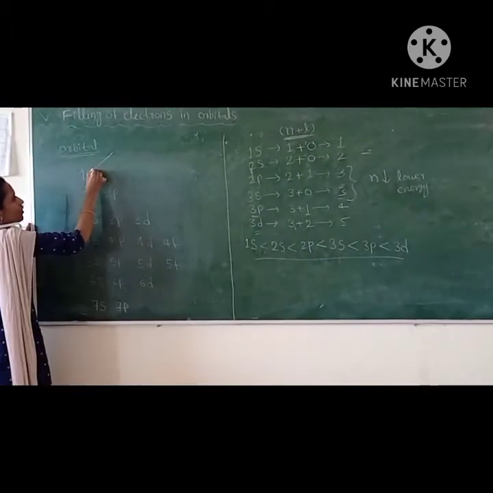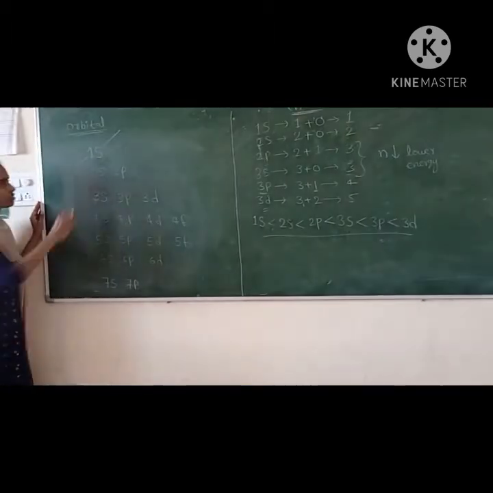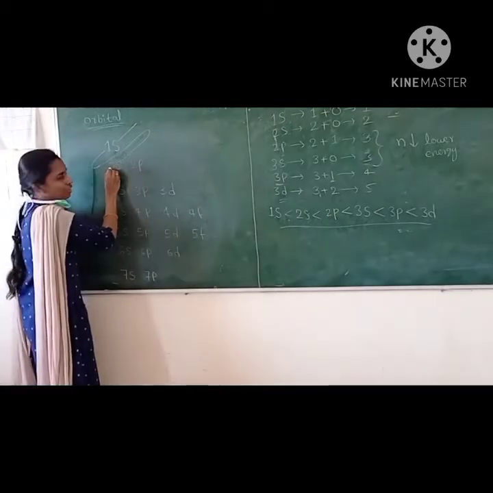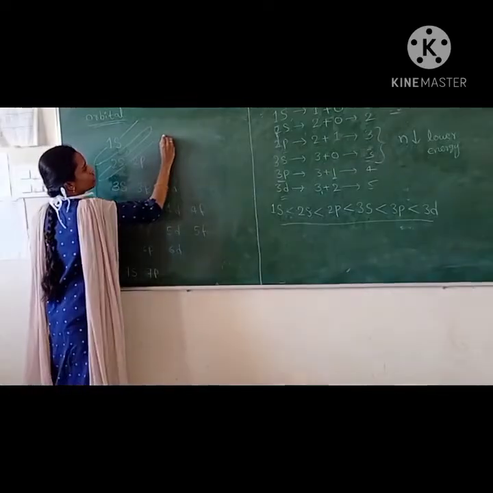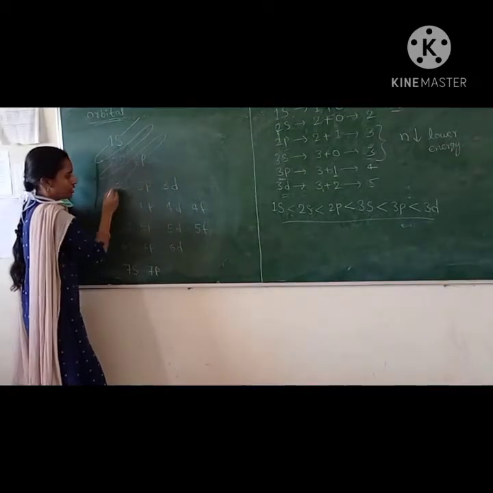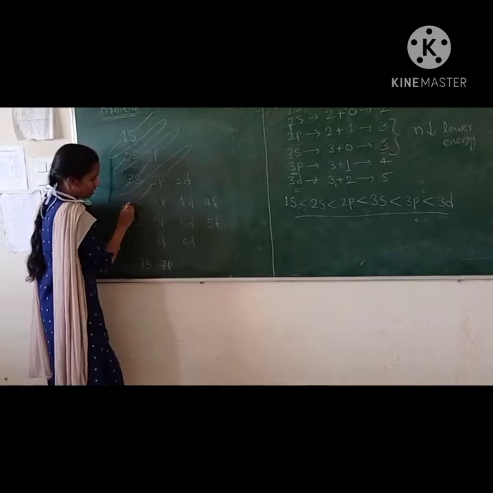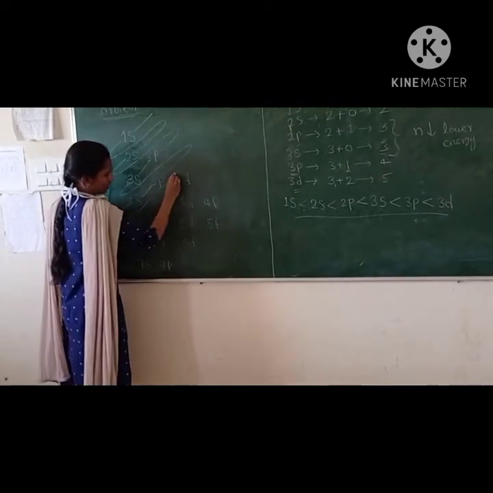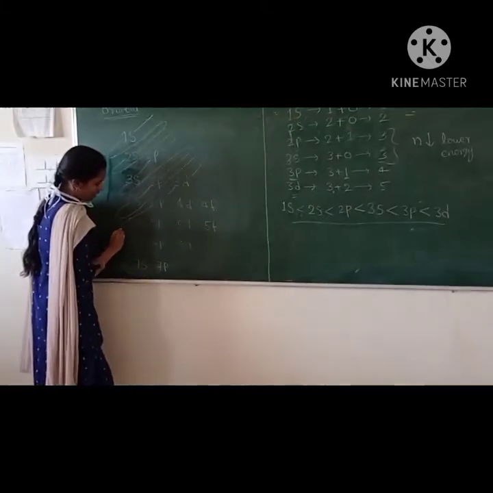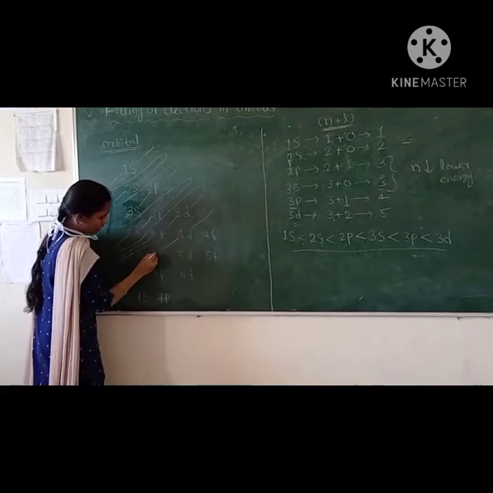Here the 1s orbital is filled by electrons first because it has the lowest energy, and then you go like this: 2s, and then with cross lines, 2p, then 3s, then 3p, and 4s, and then the 3d subshell and 4p, and then 4d subshell and 5p and 5s.